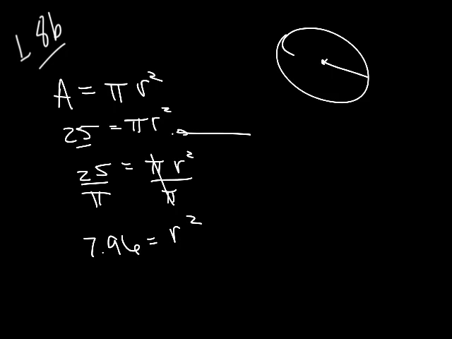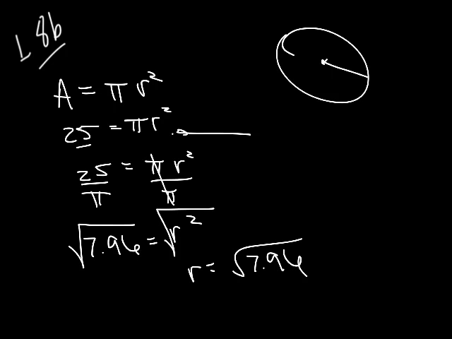And then in order to get r, because of this squared right here, I'm assuming you did this earlier in pre-algebra, that if you have an r squared, if you want to get rid of this 2, you take the square root of both sides, and this just becomes r then. So r equals the square root of 7.96, and the square root of 7.96 is 2.82. So that's my radius.